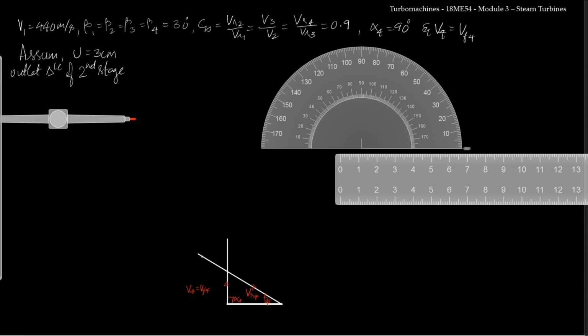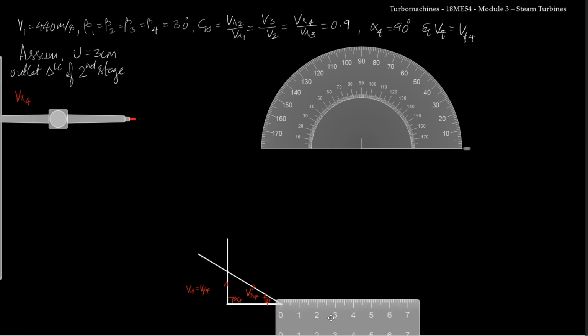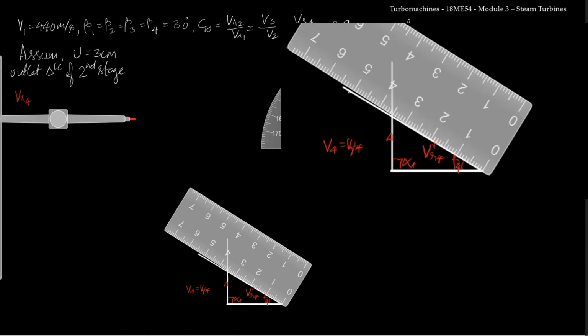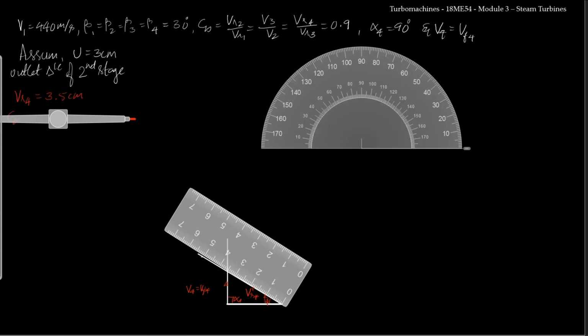So I know the length of VR4, I can measure it, and if I measure that, I can see that the length of VR4 is 3.5 centimeter. I know CB is 0.9.